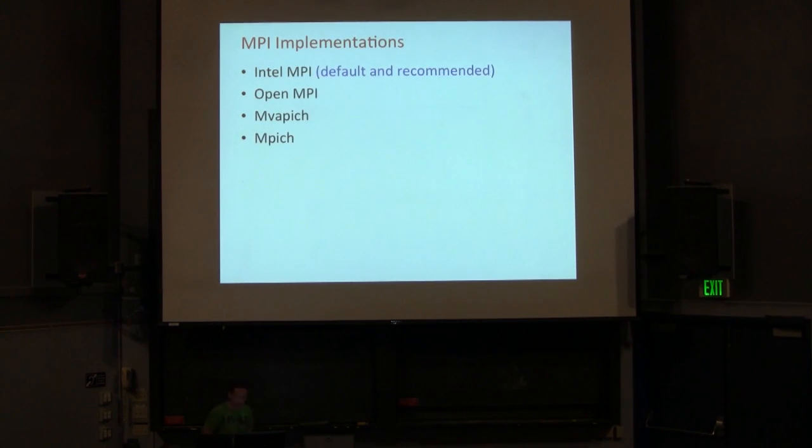And for MPI implementations, we have quite a few, and we plan to compile and install more MPI options. So if you have some special need, let me know. But the default and recommended MPI implementation is the Intel MPI, which I personally like a lot, which should have you covered.